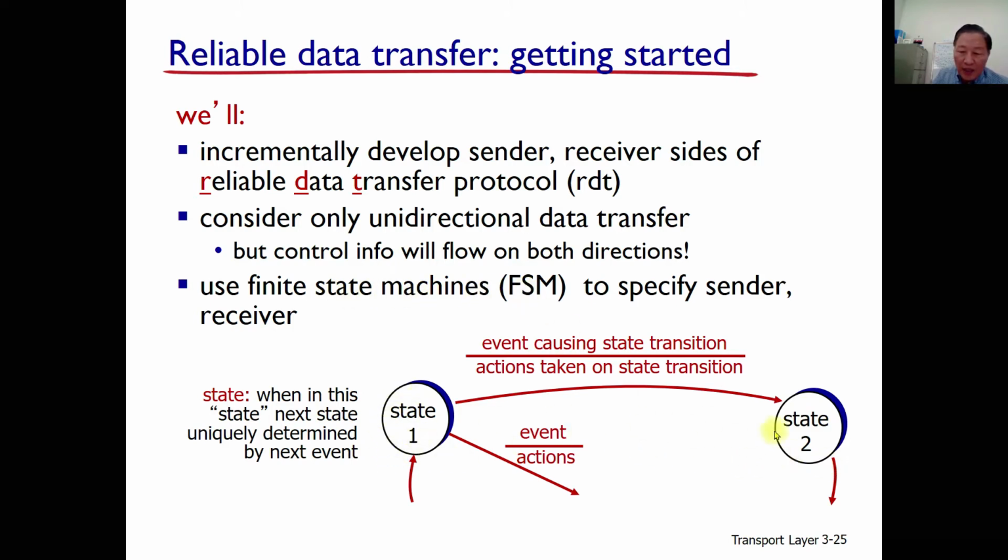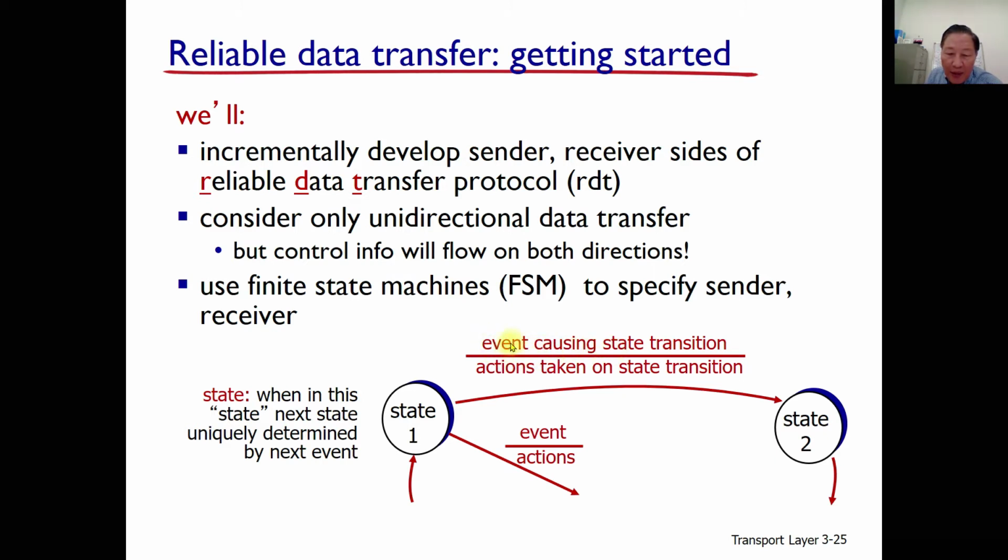Using those states, we are designing some machine that is called the finite state machine. Here's some notation. Above this line is the event, and below this line is the action. This event is causing a state transition.